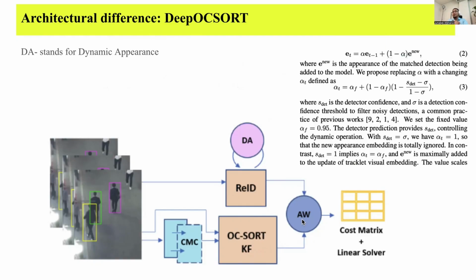Because when I'm being tracked, I have multiple candidates, and when the next frame detection comes and makes a match, we should not give the same score for every match. We have to consider the confidence of the detections. This is what adaptive weighting means.